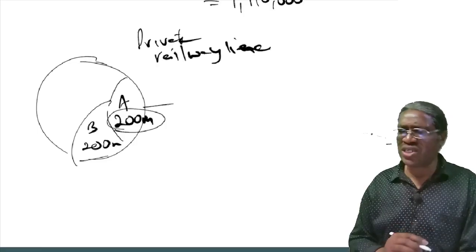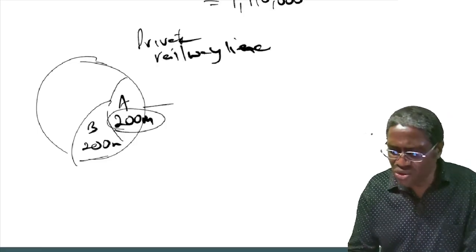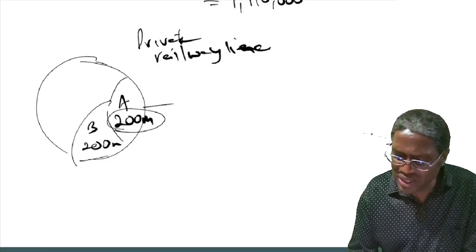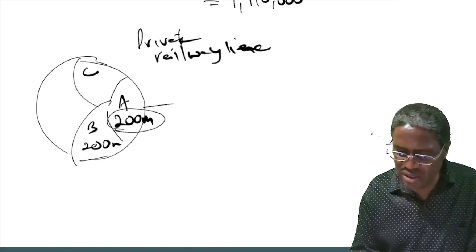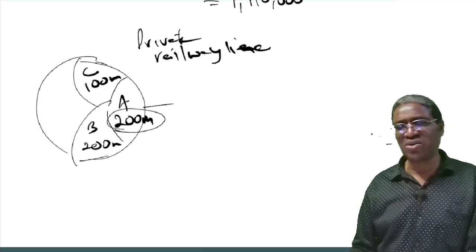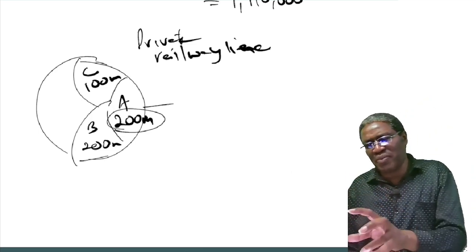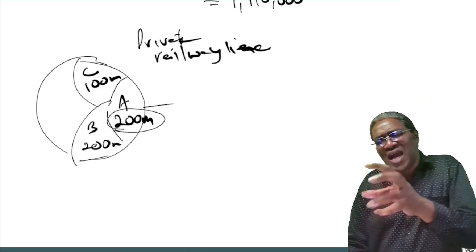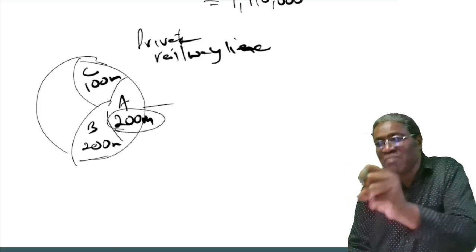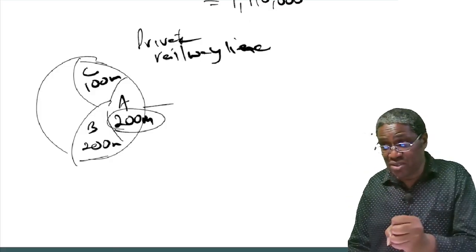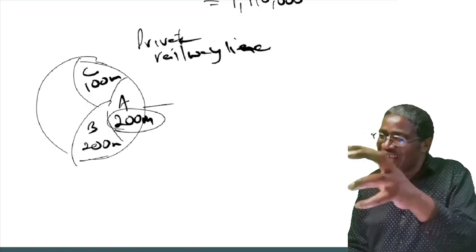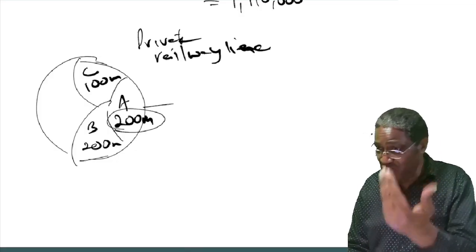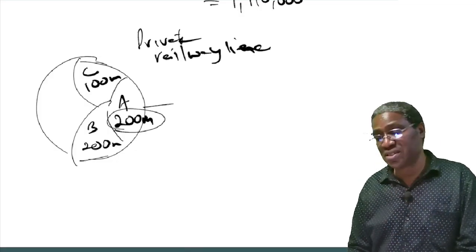Then you look at another asset. Suppose we put assets A and B together with another asset, let's call it C, which has a carrying amount of 100 million. Then you ask yourself, when I look at these three assets as a group, can they generate cash flows? Maybe this time we realize yes.